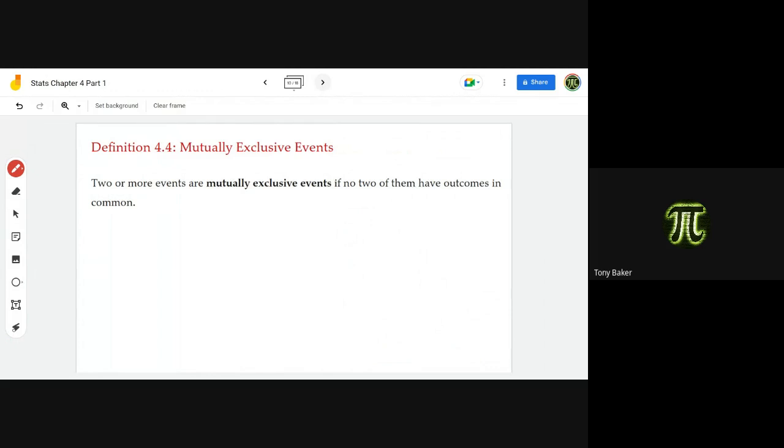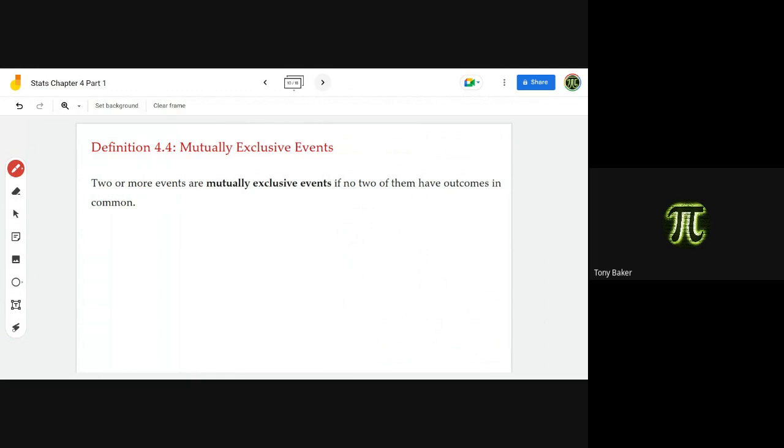Remember when I said that there's differences when they're mutually exclusive, like when they don't overlap? That actually has a lot of meaning and usefulness. When two events are mutually exclusive, there's no overlap between them.